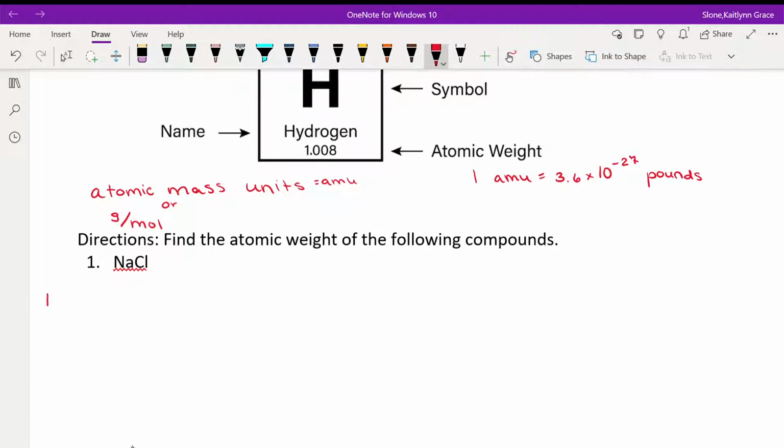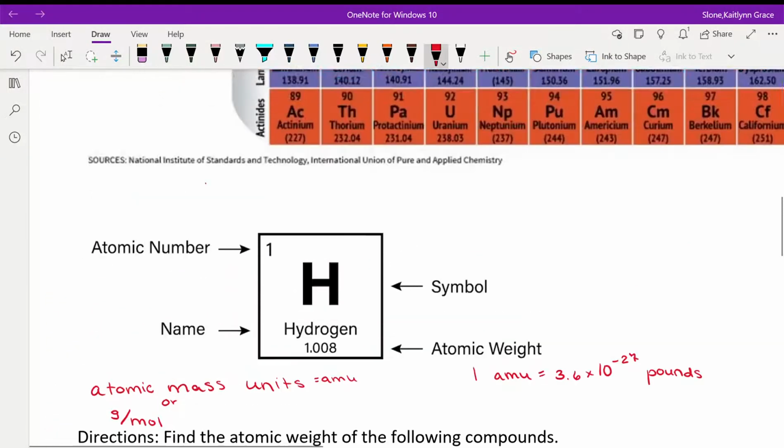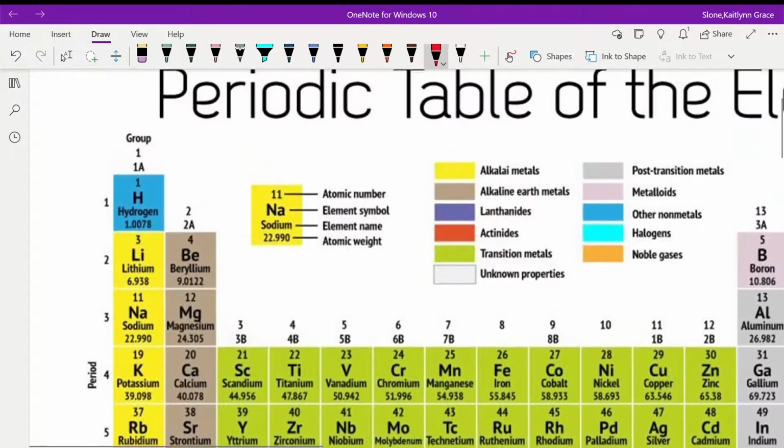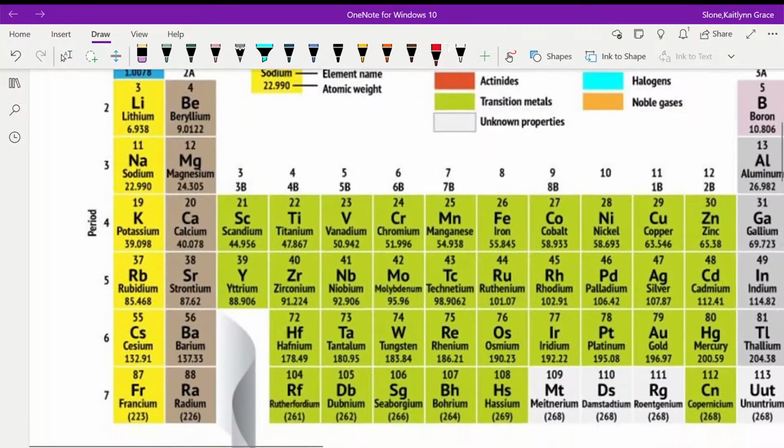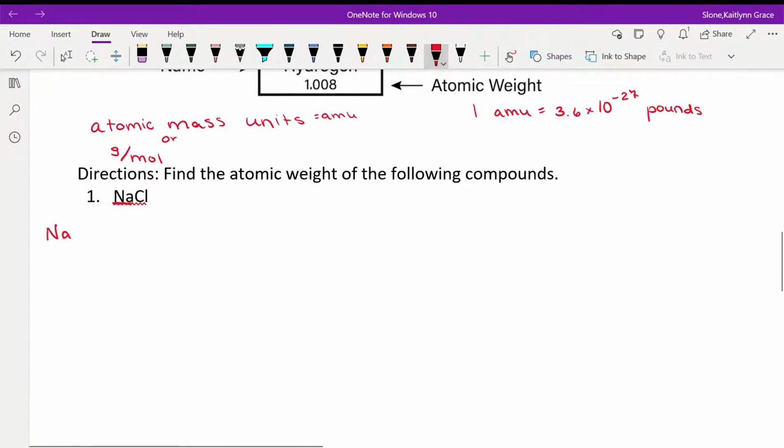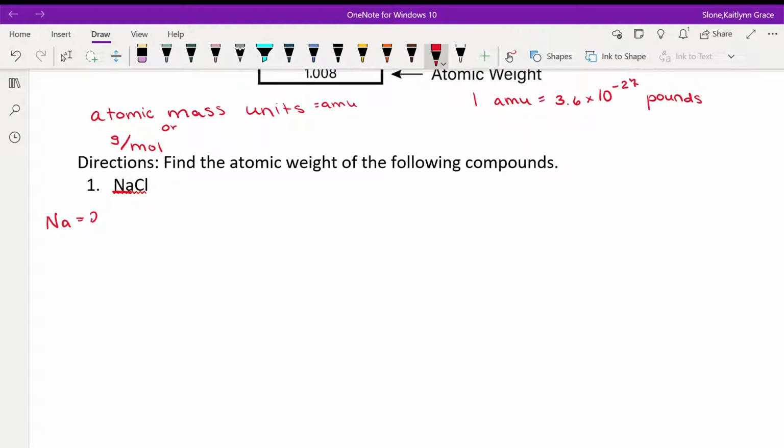The first atom we have here is sodium, that Na. We go up to our periodic table, and we find Na's atomic weight. It's 22.990. All right, we go on to the next atom in our compound.